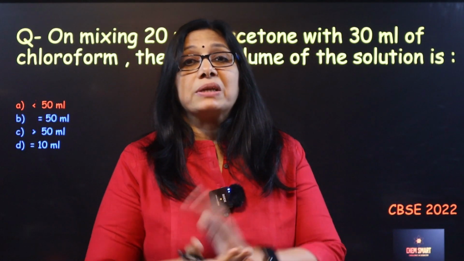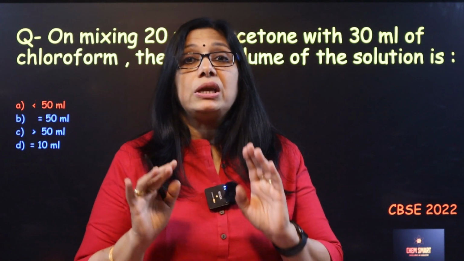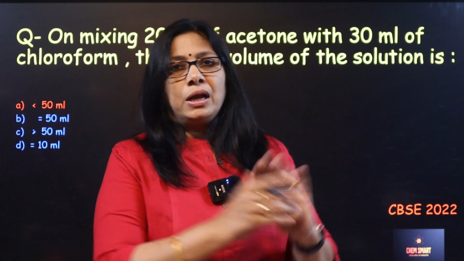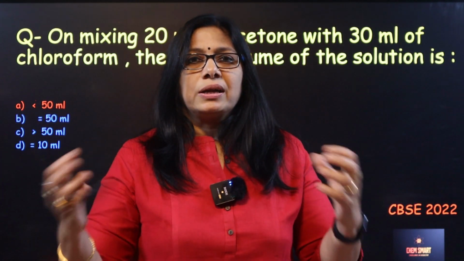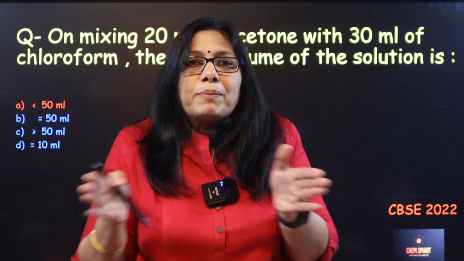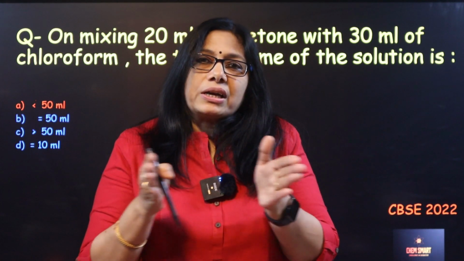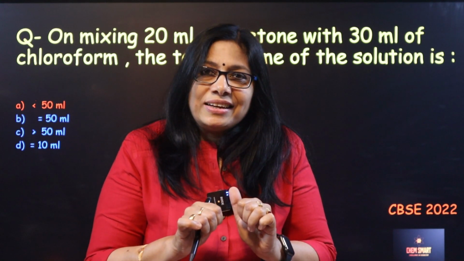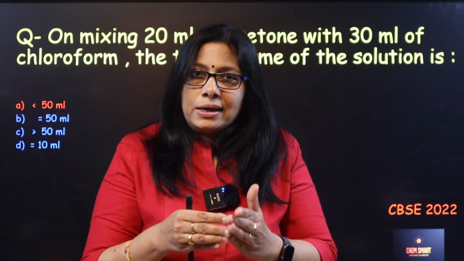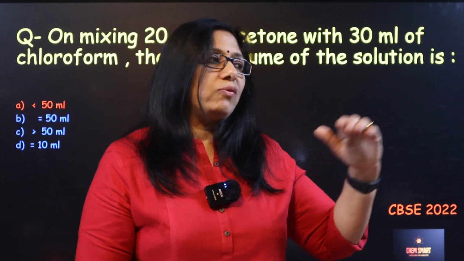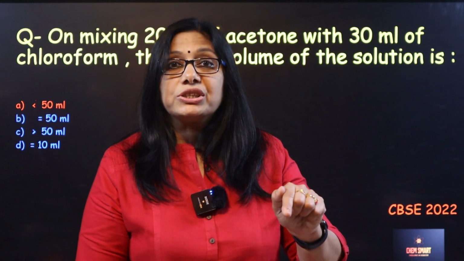So 20 plus 30, you are getting 50 ml before mixing. Once you mix them together, they will make mutual hydrogen bonds. Then they will come closer to each other. When they come closer to each other, volume will decrease, right? That is why we say the total volume after mixing is less than the total volume before mixing in negative deviation.